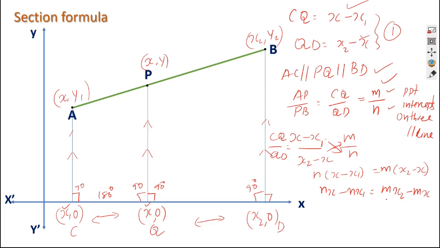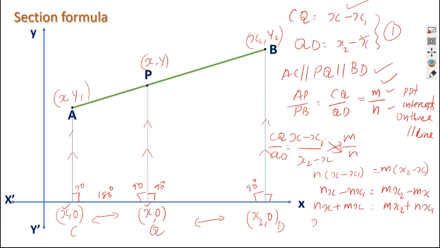I can write it like this. And if I think of bringing the x terms to the left side, I can write it as nx plus mx, and keep mx2 here and take nx1 over there. This way also it can be rearranged.